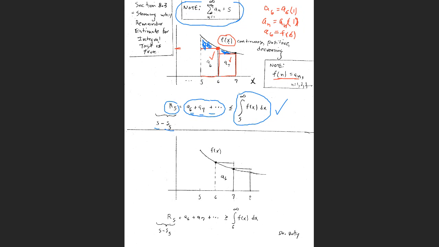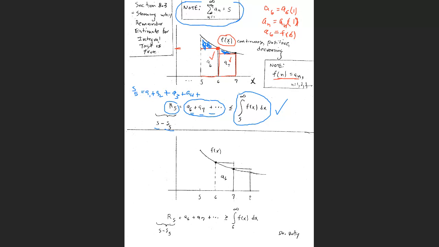After all, S sub 5 would be equal to a sub 1 plus a sub 2 plus a sub 3 plus a sub 4 plus a sub 5.